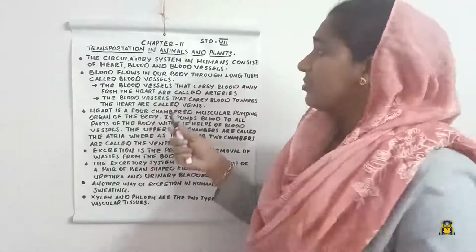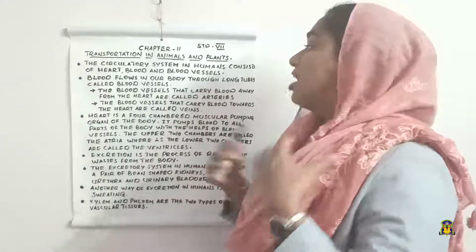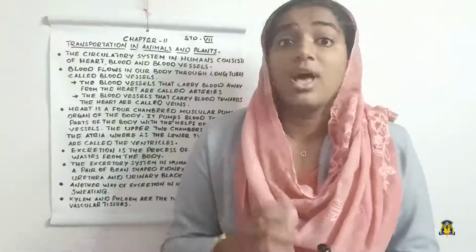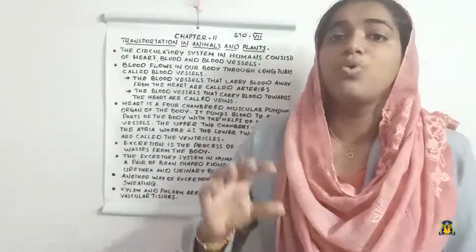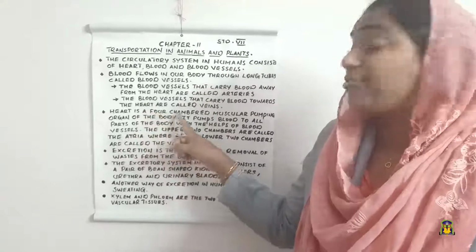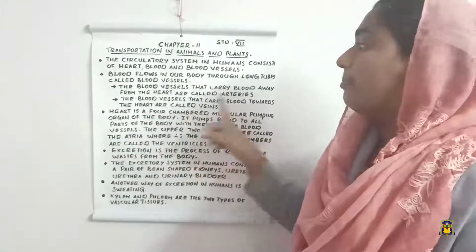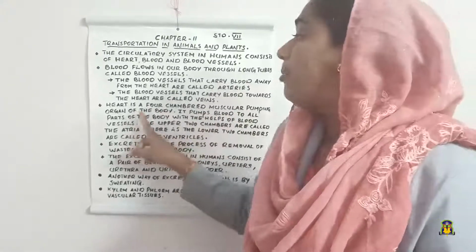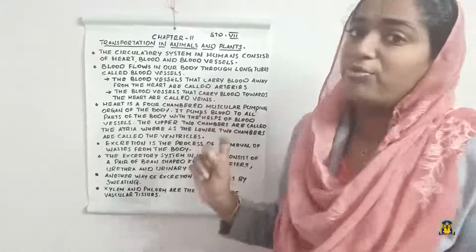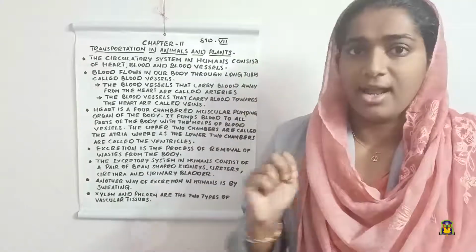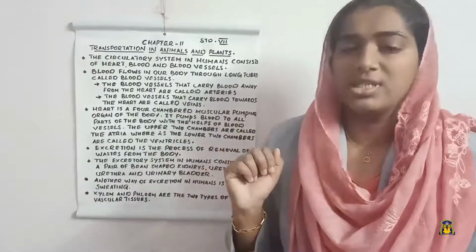After that we discussed the heart. The heart is a four-chambered muscular pumping organ that pumps blood to all parts of our body. There are four chambers: two upper chambers and two lower chambers.